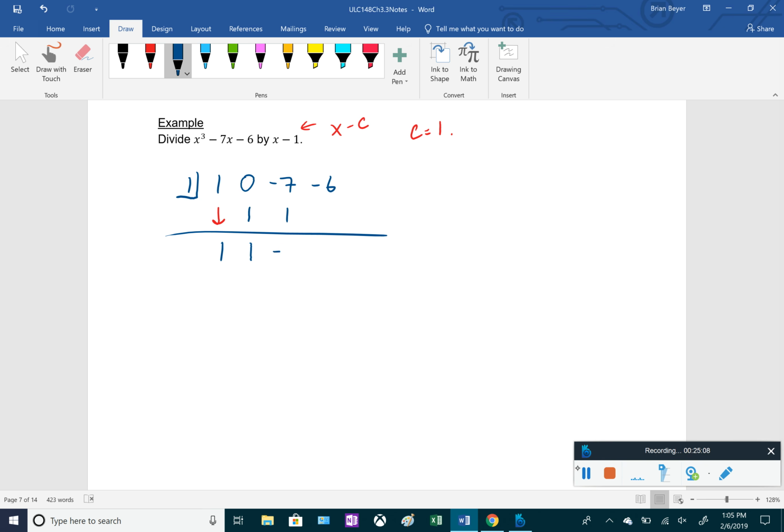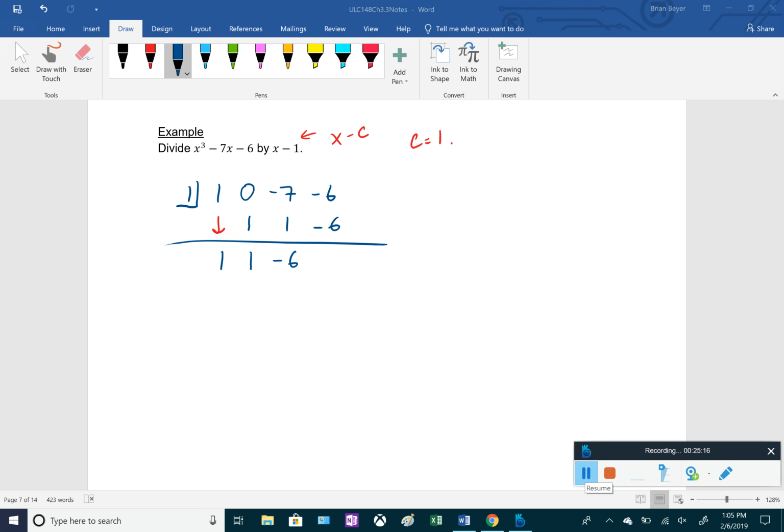Negative 7 plus the 1, negative 6. And then 1 times the negative 6, we get negative 6. And then add down: negative 6 plus negative 6, negative 12. So this is our remainder.